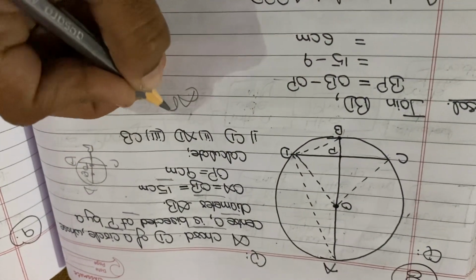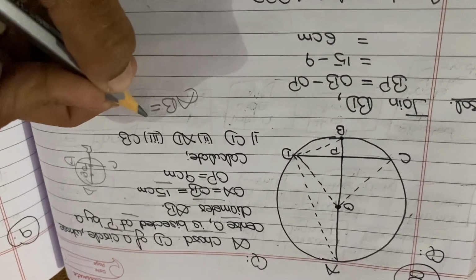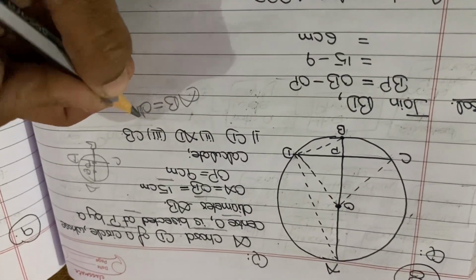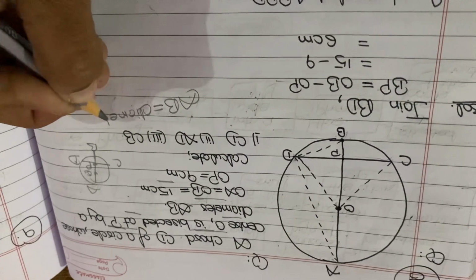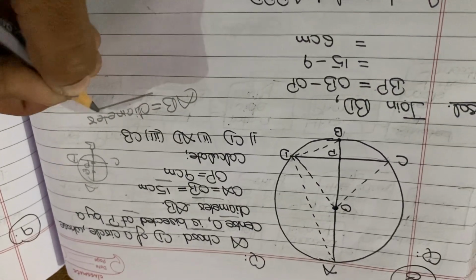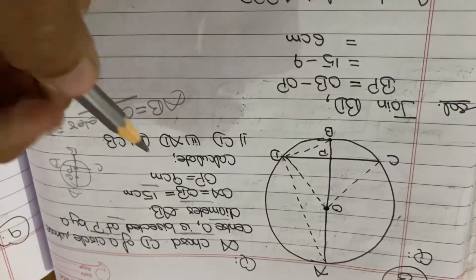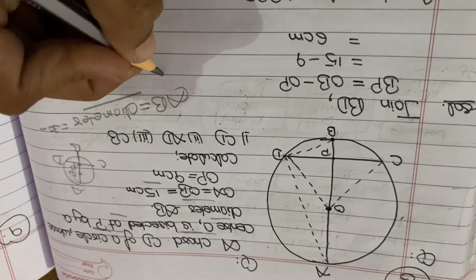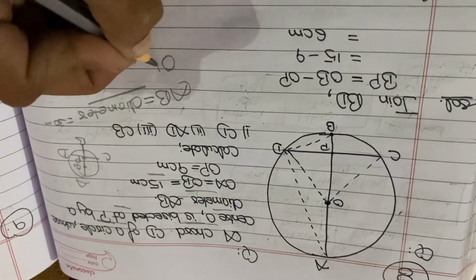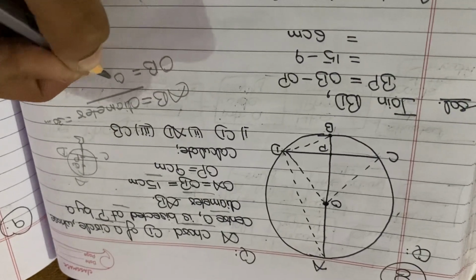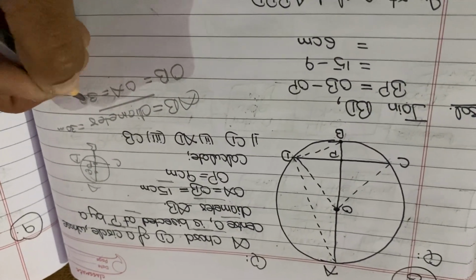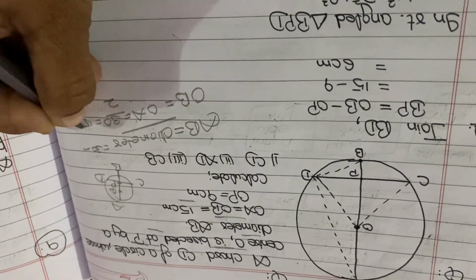Clearly AB is the diameter and it is 30 centimeter. So the radius OB is equal to OA, which is 30 by 2, which is 15 centimeter.